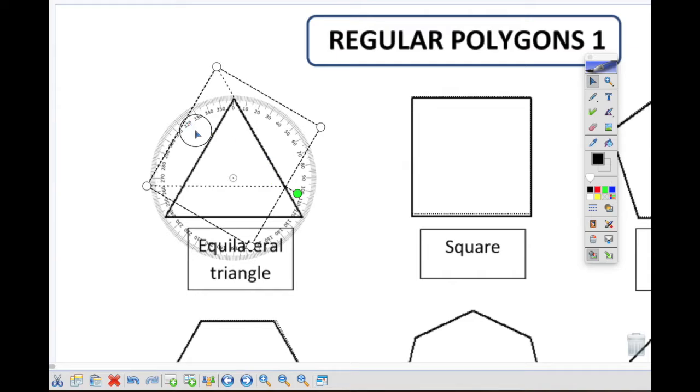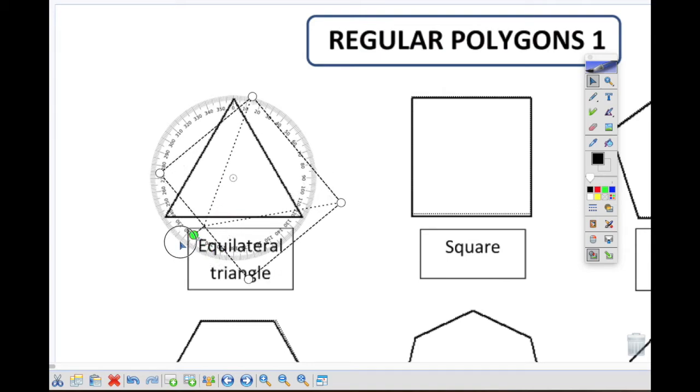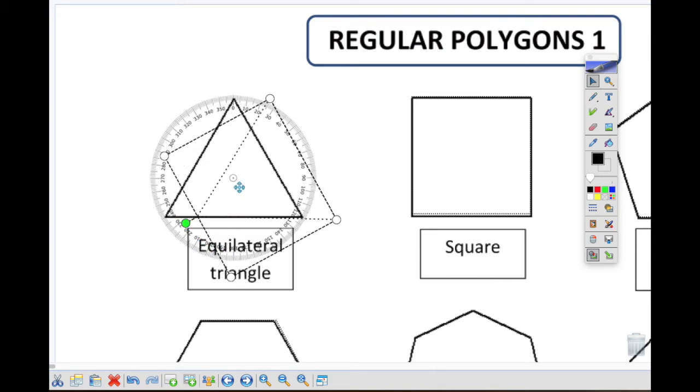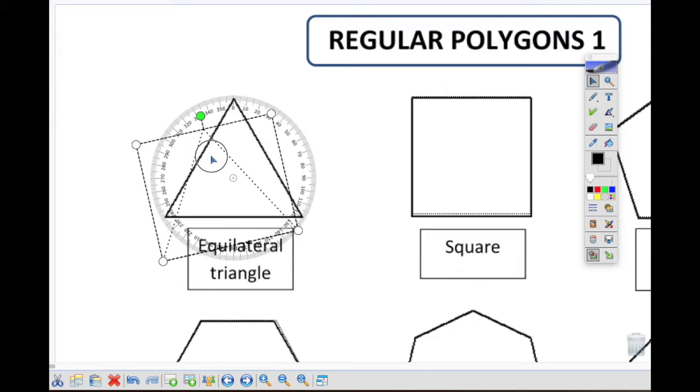And again, it didn't rotate around the center. But if it rotated around the center, it would go right on this 120. And if I rotated it again, it's not rotating around the center, but if it did, then this green point would be right on 240.